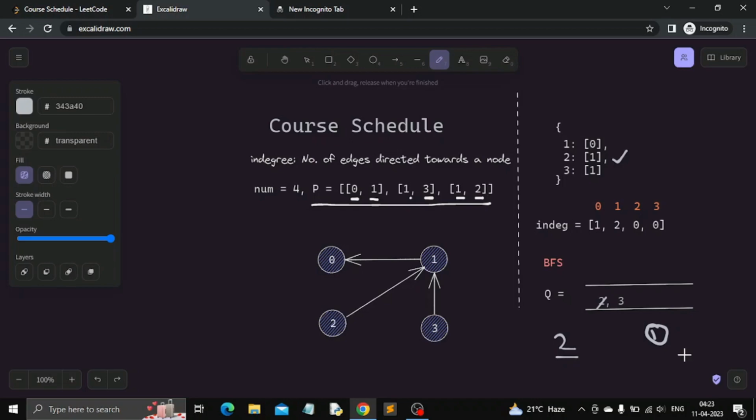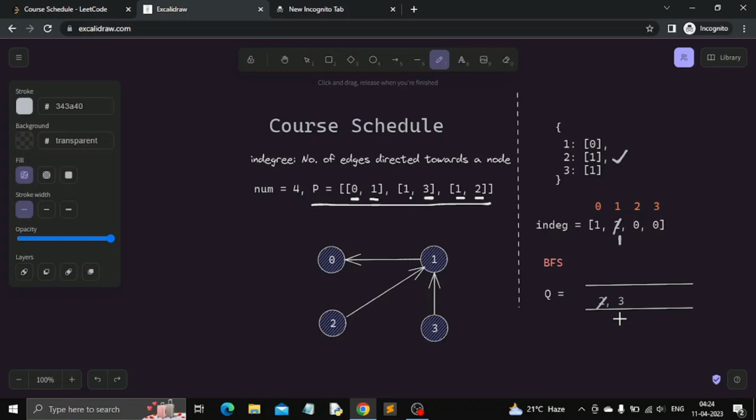The in degree or the dependency of course 1 is reduced by 1. Okay, I hope it makes sense. So it will become 1 now. And then we check if the in degree becomes 0, we are going to push that course in our queue. But since the in degree is not 0, we are going to continue.